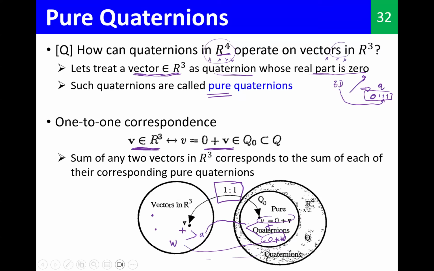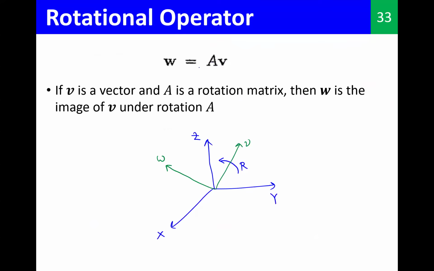The reason why we needed this is, I have a vector V and I want to apply a quaternion, and when I apply, I have to make both of them similar objects, right? So I made this a pure quaternion before I apply. If you can remember, when we applied a rotation matrix on a vector, we got another vector, so this acted as the rotational operator for this rotation.